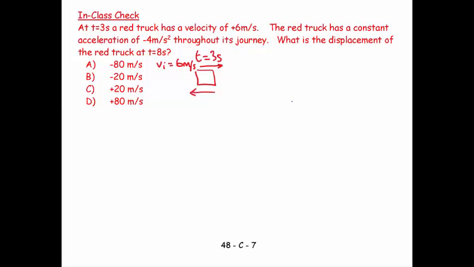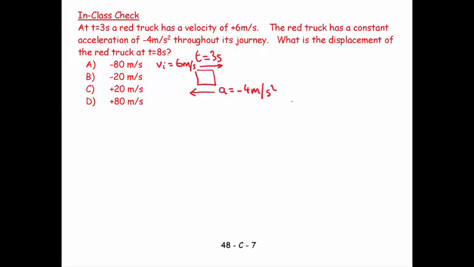Let's draw that in. A is equal to minus 4 meters per second squared throughout the journey. We couldn't use these equations if the acceleration was not constant throughout the journey. That's really important. And then what is the displacement of the red truck after 8 seconds?